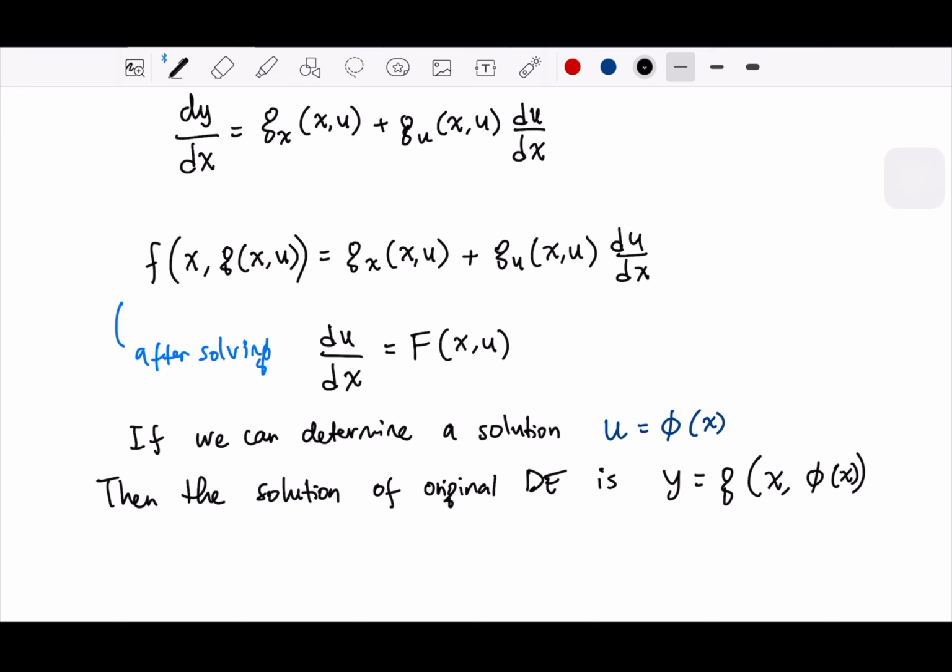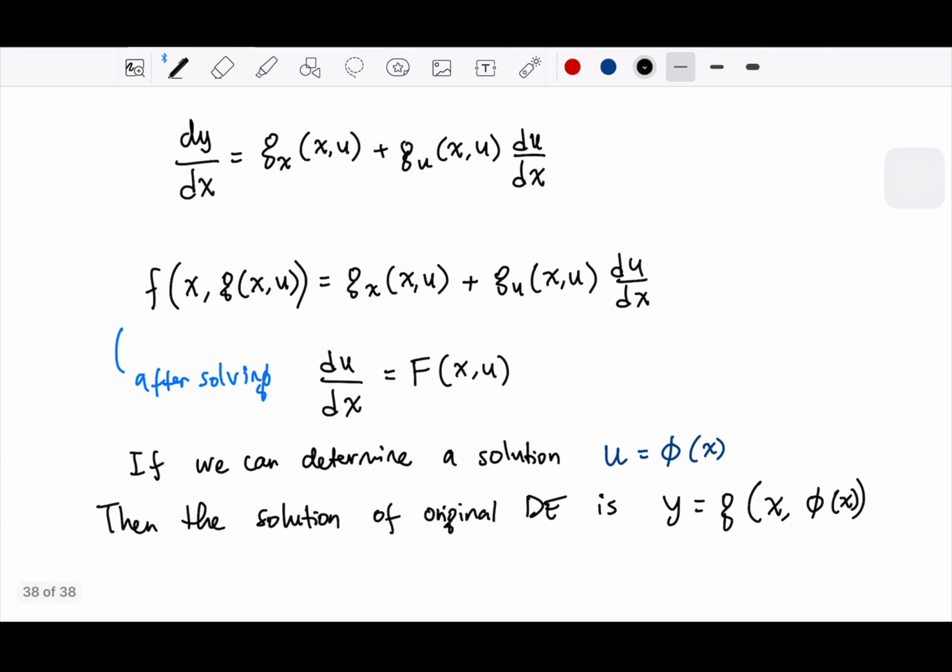So what does this whole line of equations mean? It means that if we can determine some new variable u, and relate this u with our original differential equation, then with the chain rule we can force the differential equation to be simplified and have a solution.